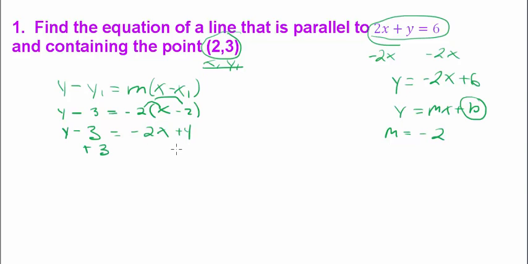Add 3 to both sides to the constant. And so we have y is equal to -2x plus 1. So this is an equation that is parallel to 2x plus y is equal to 6, but contains the point (2, 3).